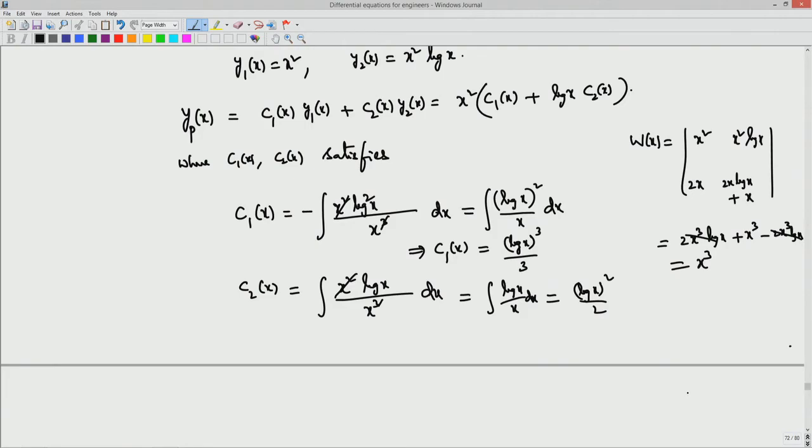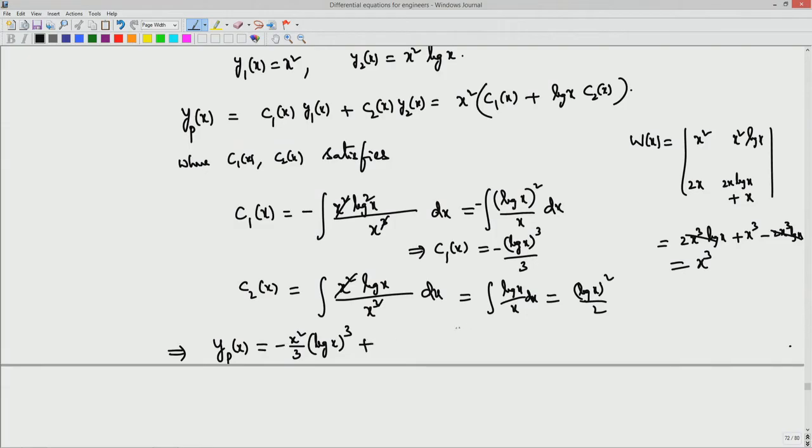Now we go back and substitute into the particular solution. c1 of x is this and y1 of x is x square, so x square by 3 log x whole cube is your c1 y1, and you have a minus here. I missed the minus.